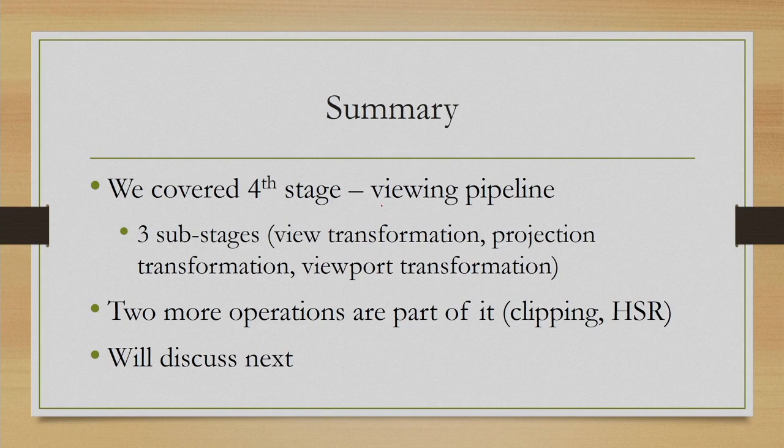So, in summary, what we have discussed so far are 3 substages of the viewing pipeline stage. These 3 substages are view transformation, projection transformation and viewport transformation. Just to recap, these 3 substages are used to simulate the effect of taking a photograph.